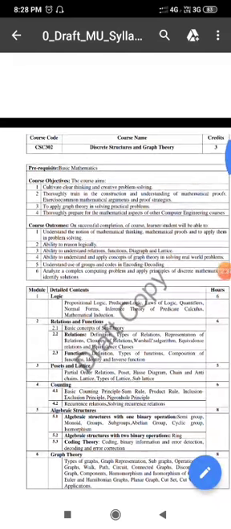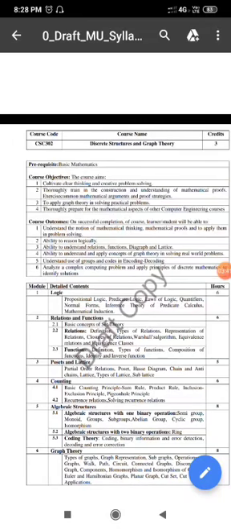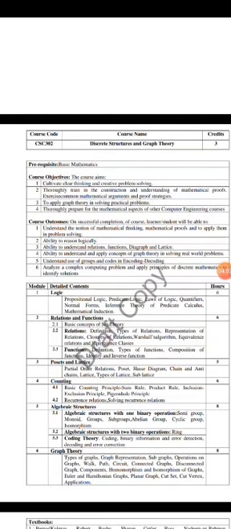As far as outcomes are concerned, outcomes mean what you will be able to do after learning all the concepts from this subject. They have mentioned a few outcomes as well. The first outcome is to understand the notion of mathematical thinking, mathematical proofs, and to apply them in problem solving. The second outcome is the ability to reason logically.